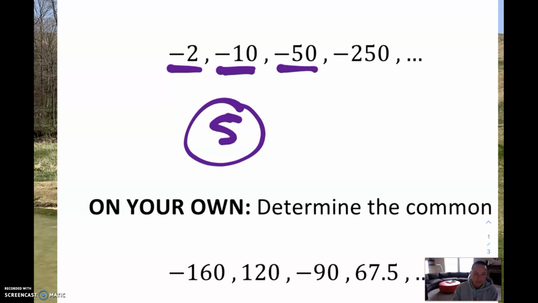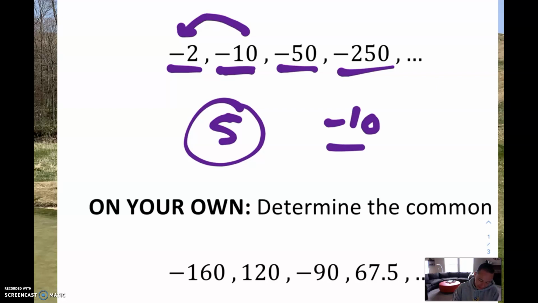Again, it's being multiplied by 5, and again, being multiplied by 5. Now, the numbers aren't always going to be this easy. If you take -10 divided by -2, that will tell you what the common ratio is. So you can take 2 successive terms and divide them to get the common ratio.